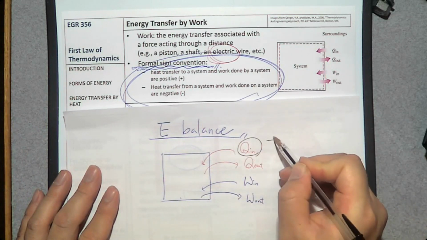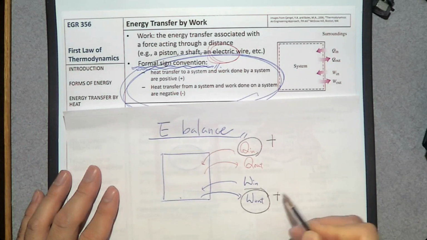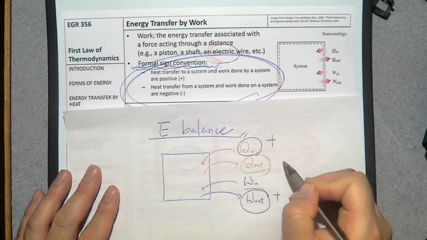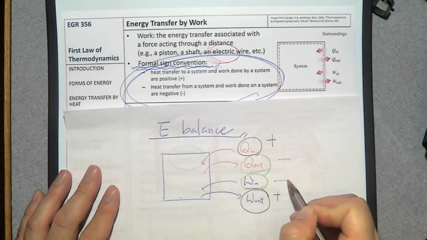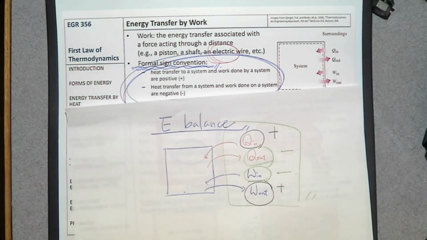This one is positive, and not this one. This one is positive. This one is negative. Okay. So don't forget that. When we study the energy balance equation next Tuesday, we are going to discuss how to deal with this. Okay.